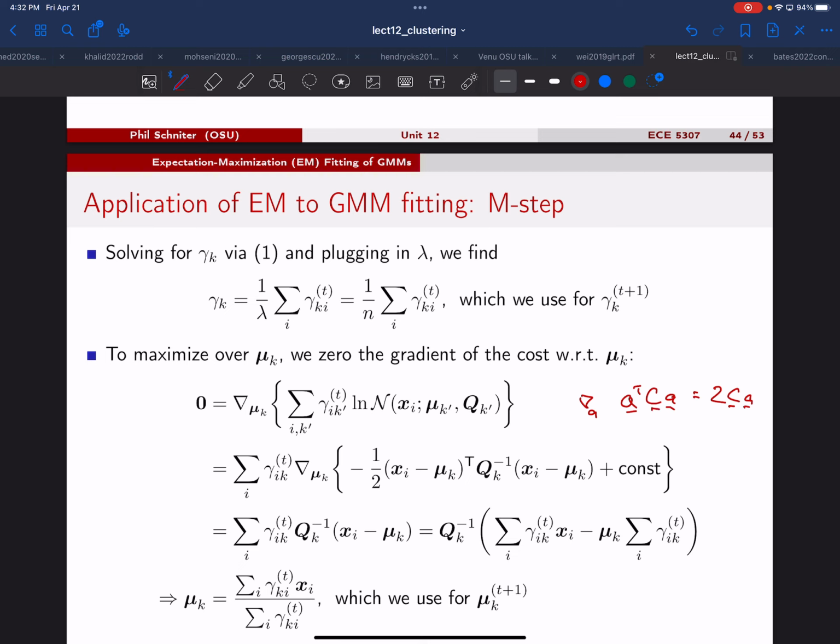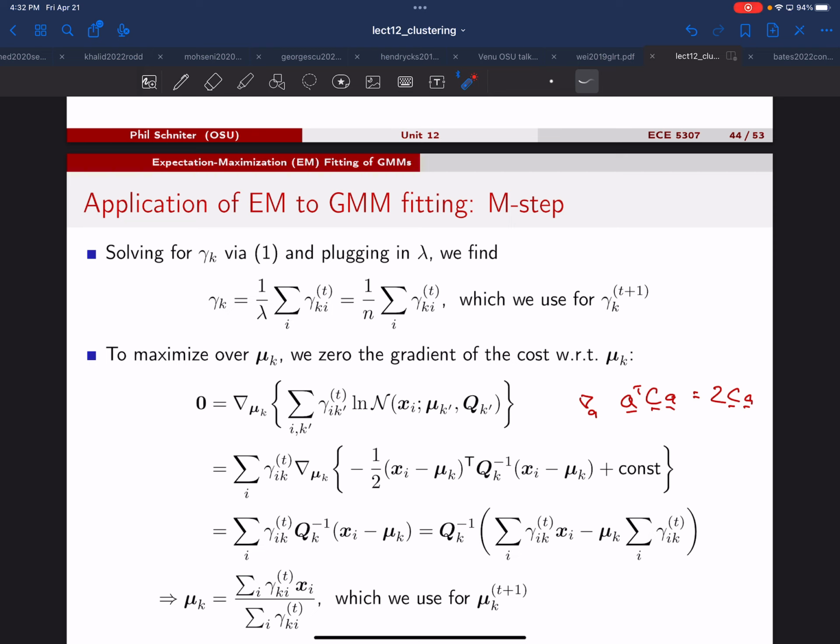That's what we're using here. There's going to be a sign change because of the minus here, which is going to cancel that one. And so finally we get this for our gradient, which means this whole expression equals 0.